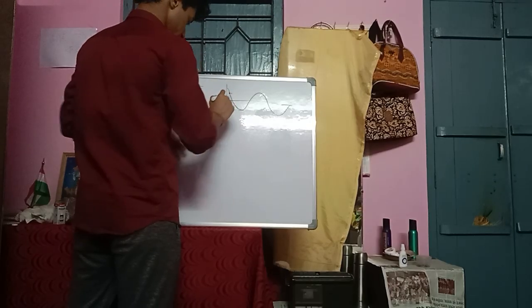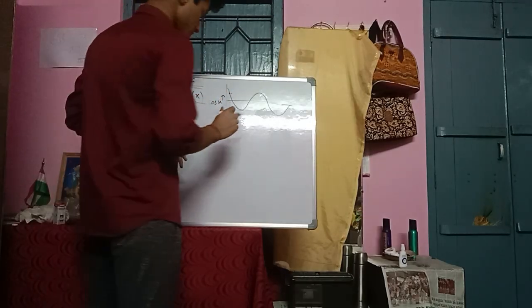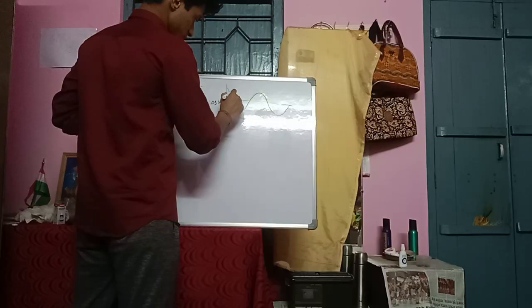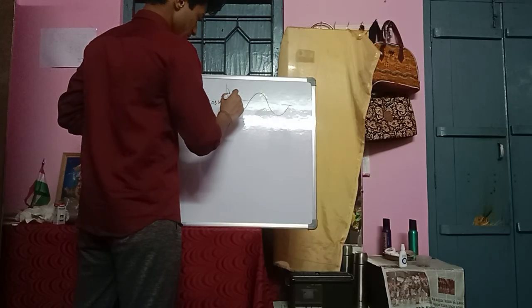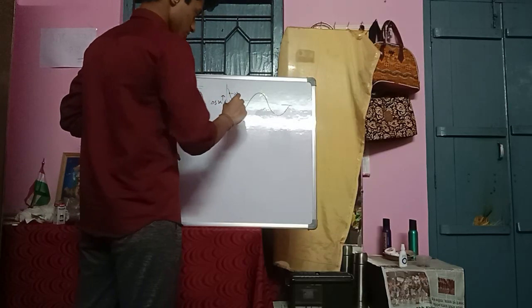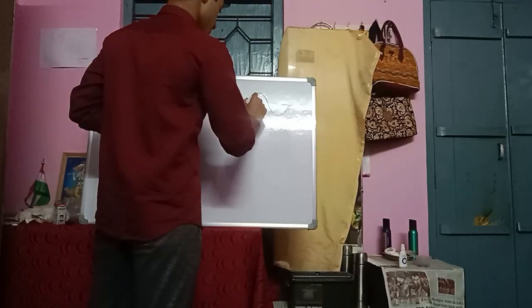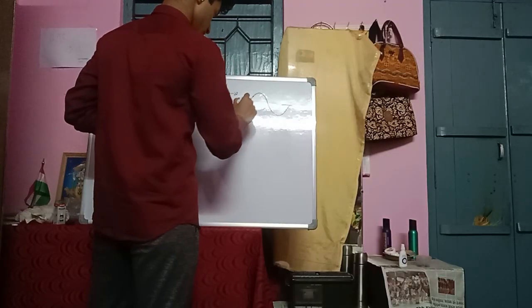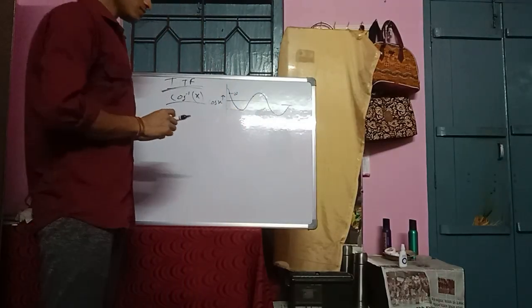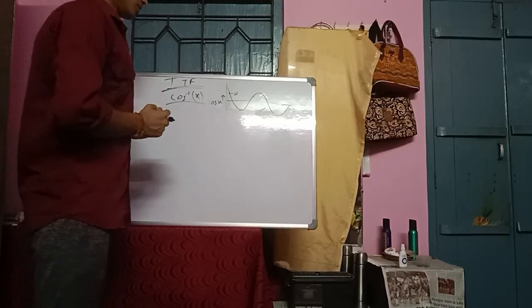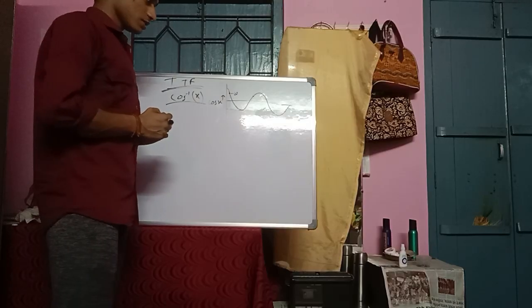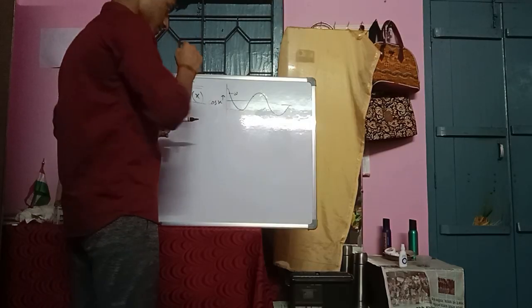Let's say on this point we have a value y, and this value would keep showing up after a certain interval. Now, what is that interval?